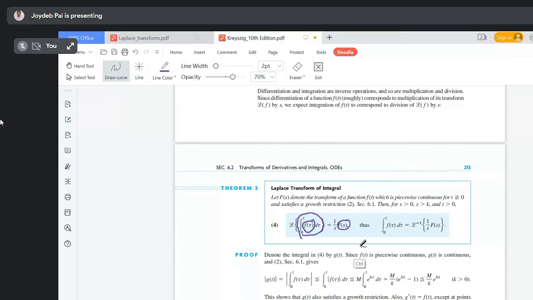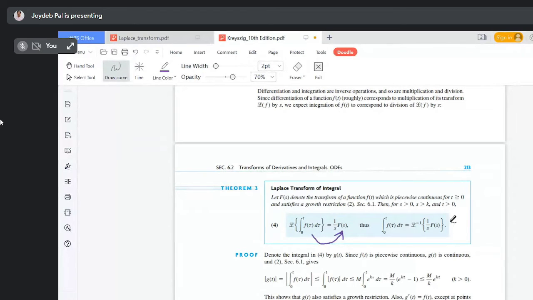So what is its inverse form? So Laplace inverse of Fs by s is 0 to t f tau d tau. Just L right side में चला जाएगा तो L inverse. So L inverse of Fs by s, that will be integration 0 to t f tau d tau.